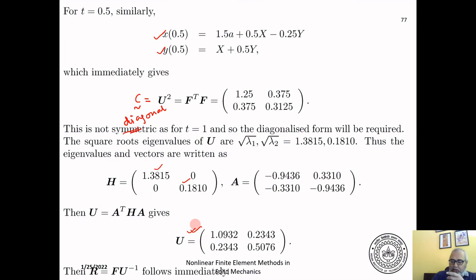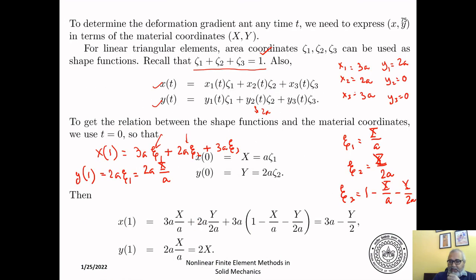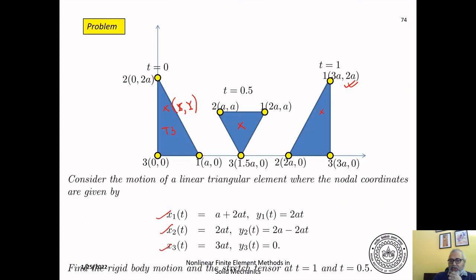So do that calculation and make sure that you get this shape, which is again some kind of a rotation, and it is a combination of a rotation and a deformation. So there's a stretch and a rotation involved of this element in order to get this.